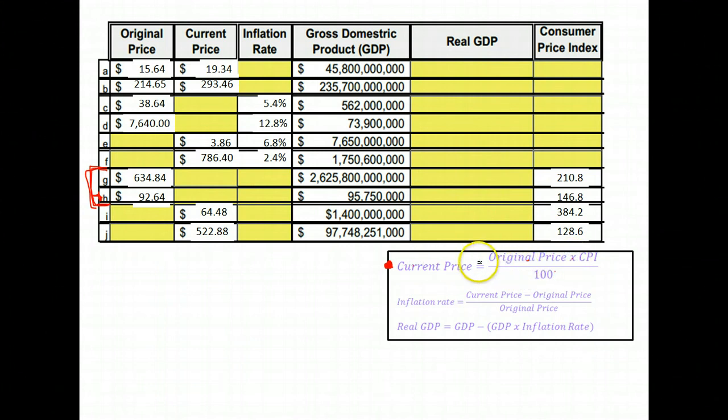So let's calculate that. Again, our current price is equal to the original price. We're doing line H of $92.64 times the CPI. For line H, the CPI was 146.8. And then we are dividing by 100.